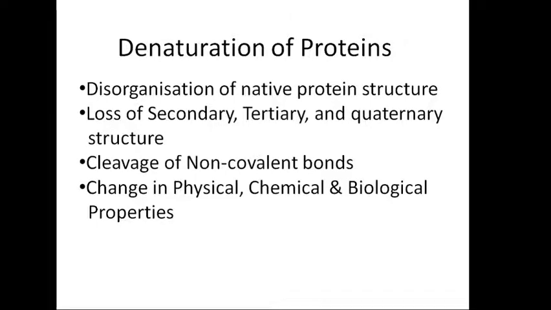If the denatured protein returns to its native state, that is, after the removal of the denaturing agent, the activity of the protein can be regained, and this process is what you call renaturation.